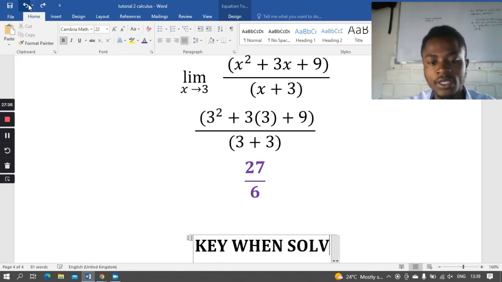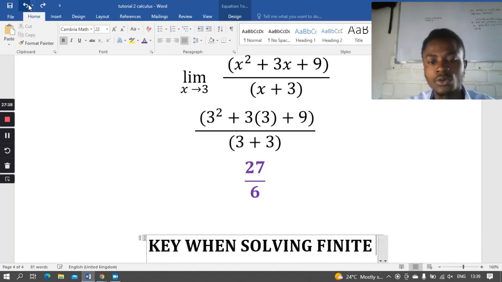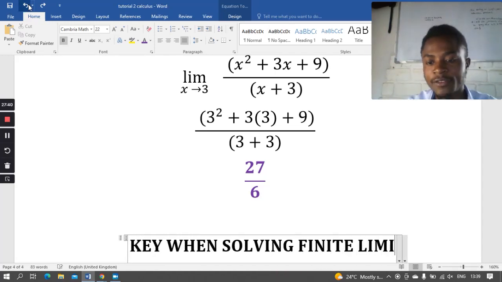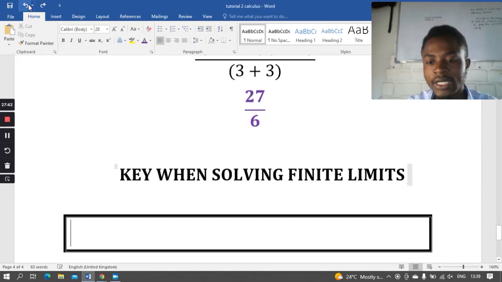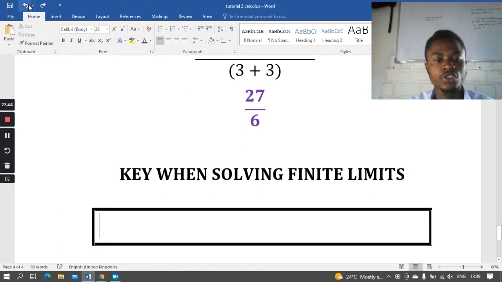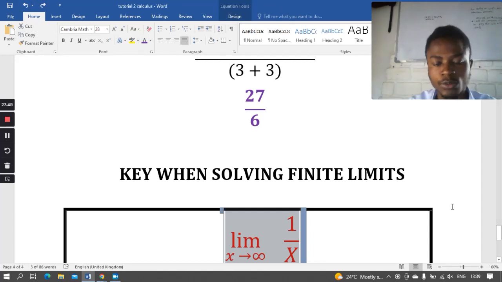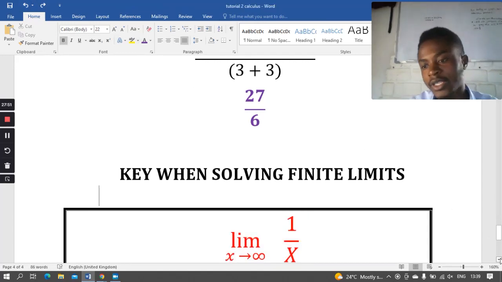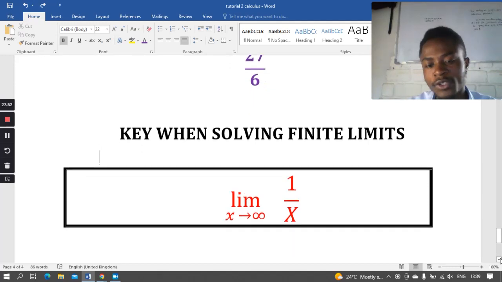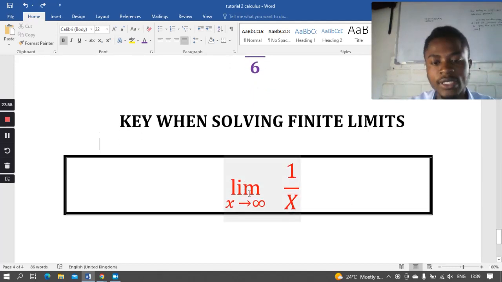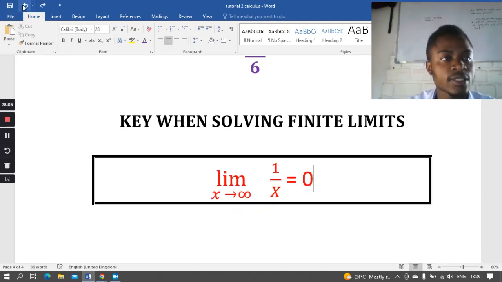Here's the key. The key when solving infinity limits is that you need to know what I'm going to write in this box. The key of solving infinity limits is that the limit as x approaches infinity of 1 over x is equal to 0.